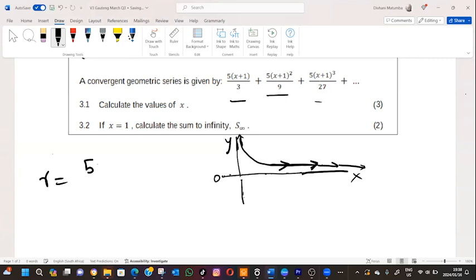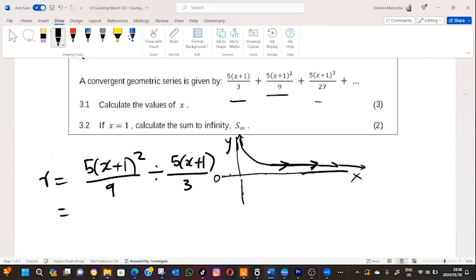So if we have 5(x + 1)^2 over 9 divided by 5(x + 1) over 3. Now, if you did not skip primary school, you will understand what I'm going to be doing right now. Reciprocal.